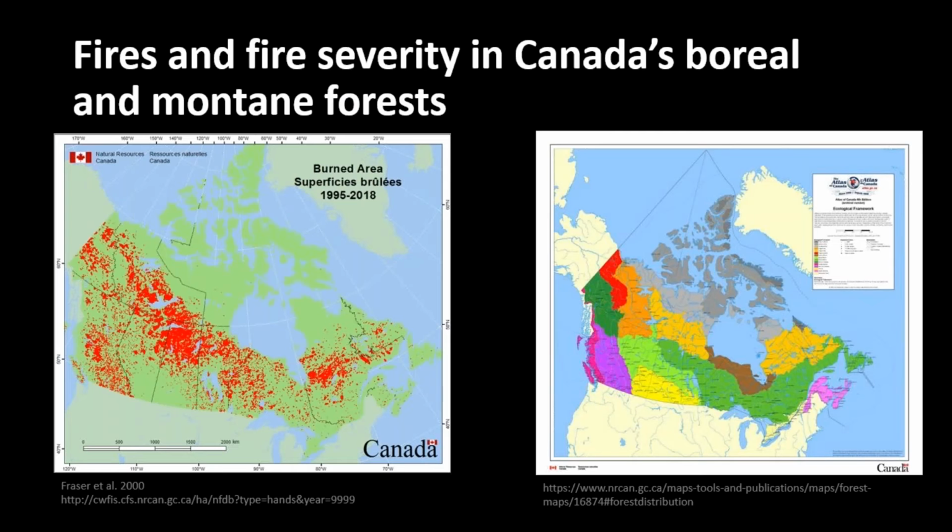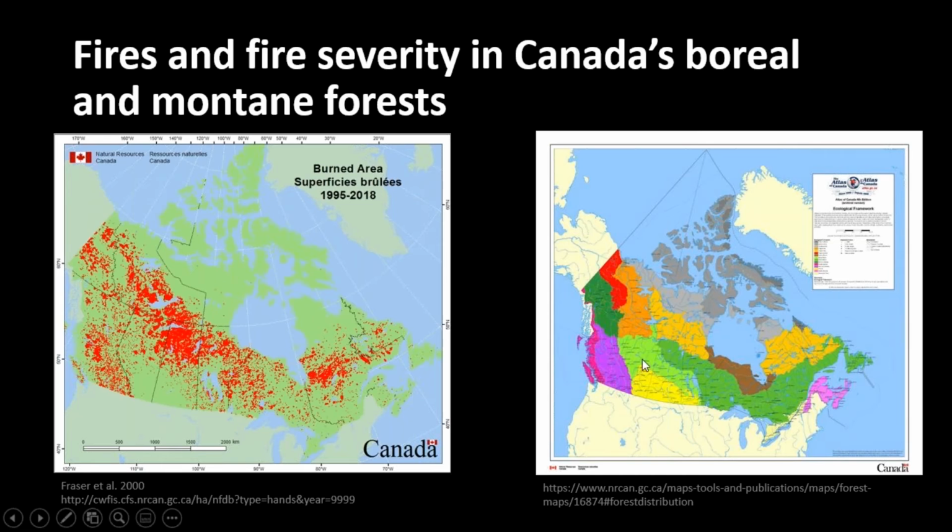I'm sure you all know that fires are extremely common across Canada, especially if we look at montane forests. Here we have the purple and dark green montane forests, and the boreal forests as well are very commonly disturbed by fire.